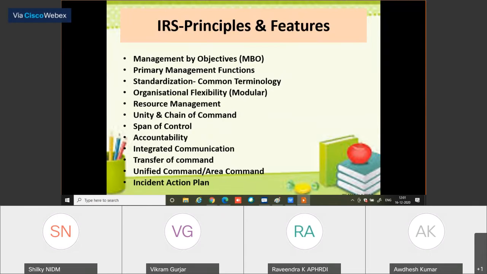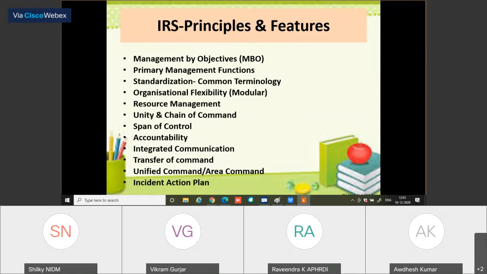Primary management functions, that is logistics, planning, staffing. There are various management functions which are required to be dealt with at the management level.